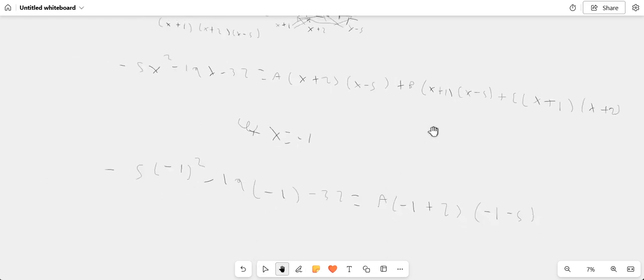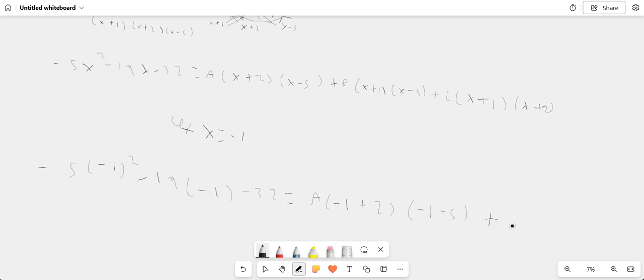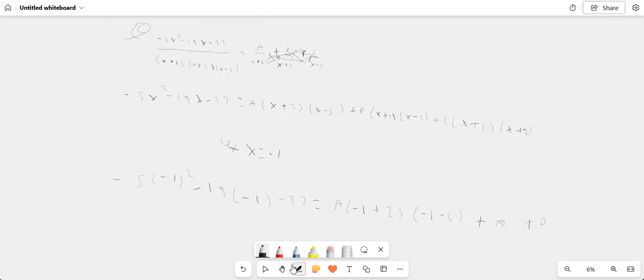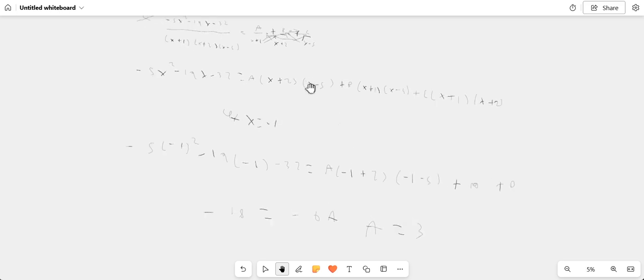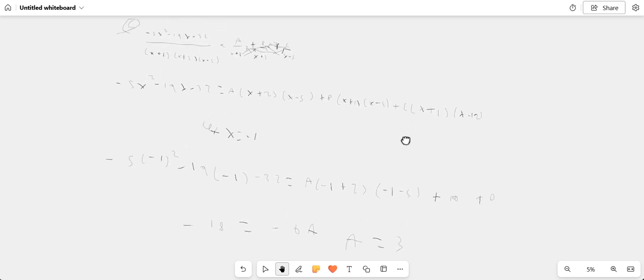Put minus 1 into b, that's going to become 0, so plus 0. And put it into c is also 0, so plus 0. Alright. And now the left hand side is going to simplify to minus 18. The right hand side is going to be minus 6a. So therefore a is equal to 3. Next one's let x equal 5, so you can eliminate a and b.